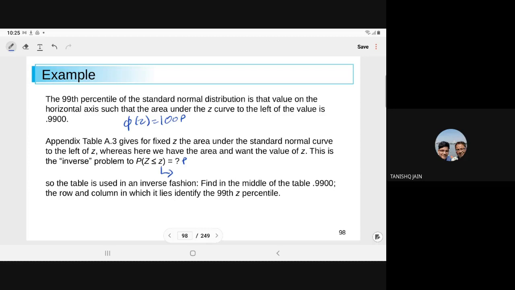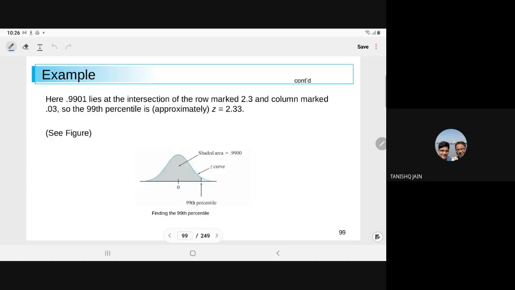So if you say, for example, in the GATE exam we have a score of 99 percentile. What is the meaning of the 99 percentile? Here p is 0.9900. Now you have to see the table. The left side area is 0.99 and the right side area is 0.01. So this 0.99 is phi of z, and that small z you have to compute.